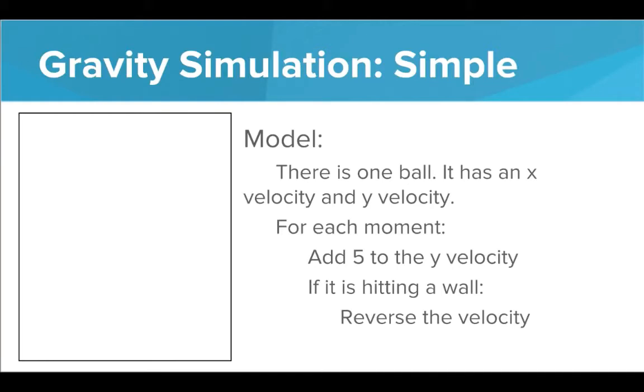The idea here is that with each passing moment, gravity is pulling this ball down towards the Earth, so it's increasing the y velocity. And of course, if you hit a wall, you reverse the velocity so that it bounces away. And we see that this gives us a pretty realistic simulation of gravity. The ball's bouncing around. And maybe if we're making a video game or just making a video and we want to have this effect, this is a good enough simulation for our purposes.